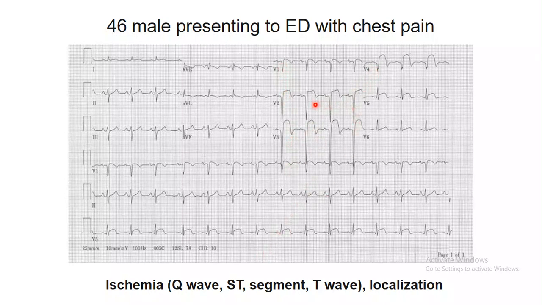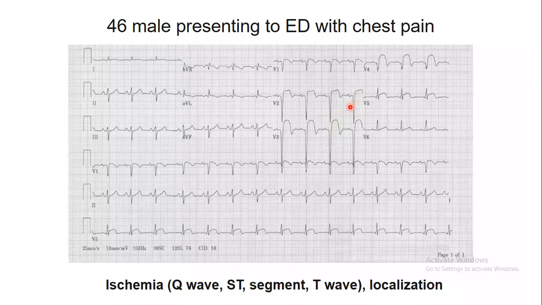Rapid look for the ST segment: we have ST segment elevation in comparison to the following TP segment, and the elevation is much higher than 1 millimeter. It is about 5 or 4 millimeters, so it is significant ST segment elevation.